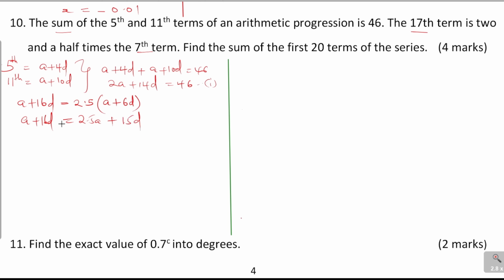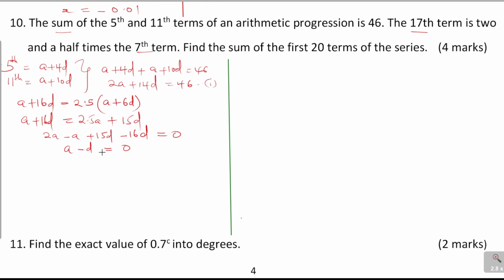You can reorganize this equation. I can take everything to the right hand side. So this will give 2.5a subtract a, plus 15d minus 16d. I've subtracted a and 16d from both sides. Let me see whether that is okay.